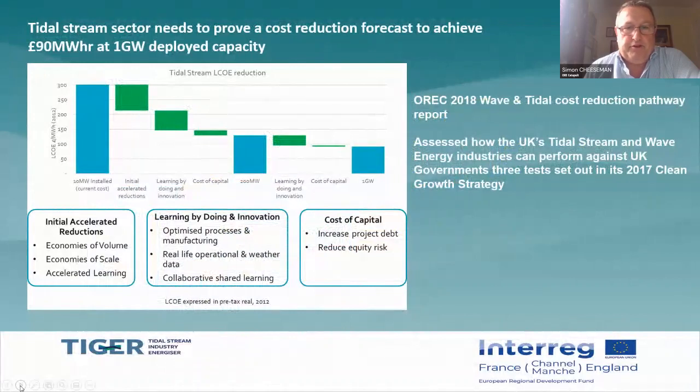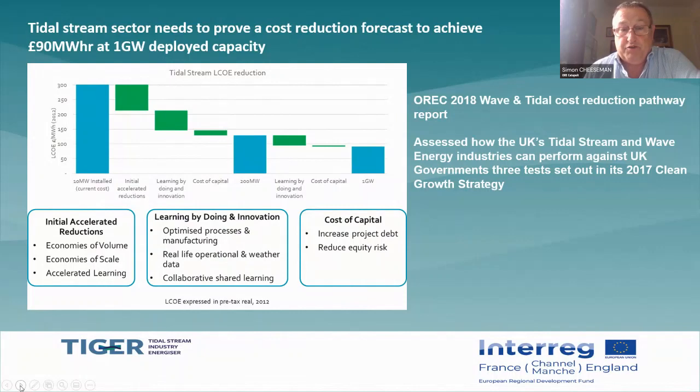So the story for wave and tidal, really, in one slide. Back in 2017, we were commissioned by Renewable UK to have a look at how wave and tidal would fare against the UK government's clean growth strategy, and in particular 3 tests that were in there. The upshot of this was that really the UK government were not paying close attention to wave and tidal technology.